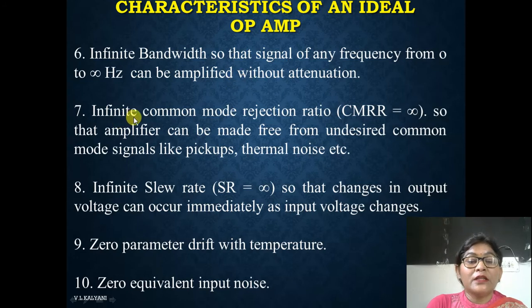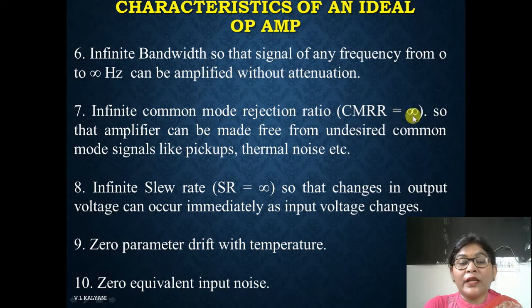The next characteristic is infinite common mode rejection ratio. Basically it is the characteristic of a differential amplifier to reject the unwanted common mode signals. Here it should be infinite, so that the amplifier can be made free from undesired common mode signals like pickups, thermal noise, etc. The next one is slew rate.